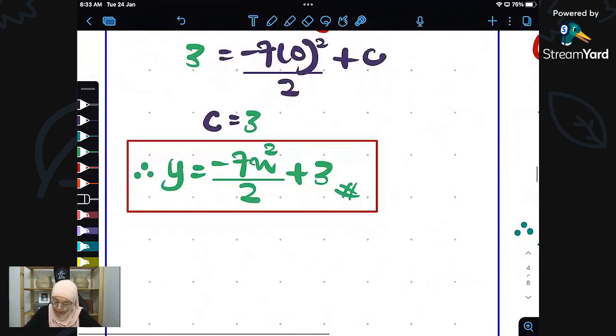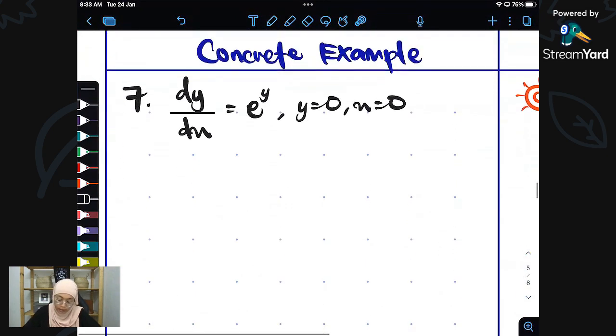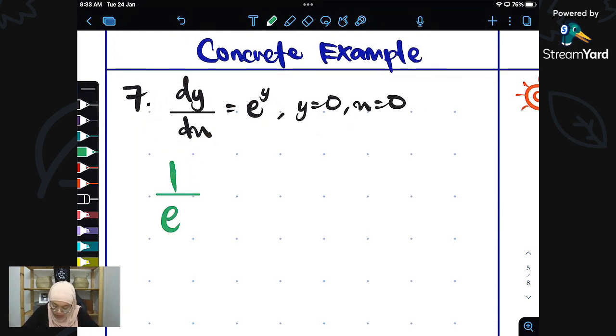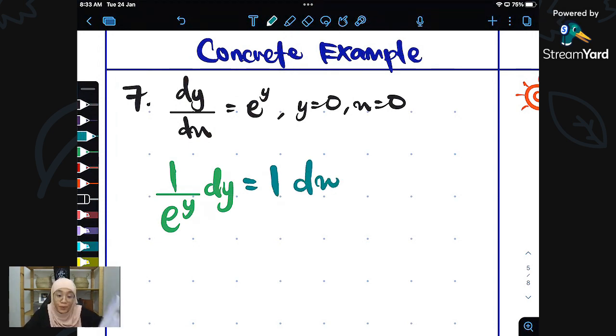Now let's go to the next example, which is dy/dx equals exponent y. And here is our condition. Let's separate them. We will get 1 over exponent y dy, equal to 1 dx. I think by now you are very good at separating them.